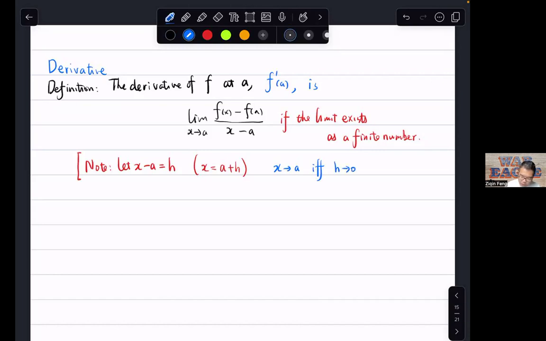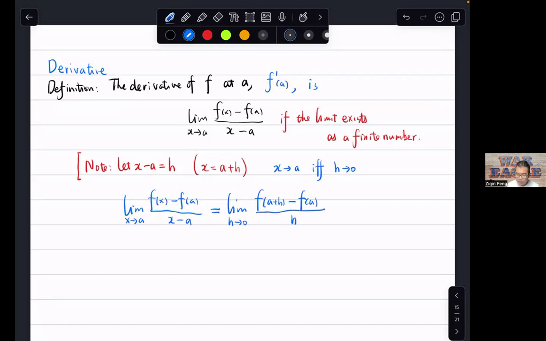So now we can rewrite our limit in a new form. As x goes to a, f of x minus f of a, do the substitution by h. This is the same as the limit as h goes to 0 of f of a plus h minus f of a over h.